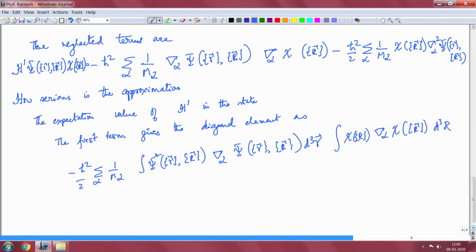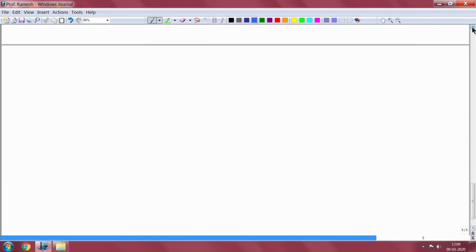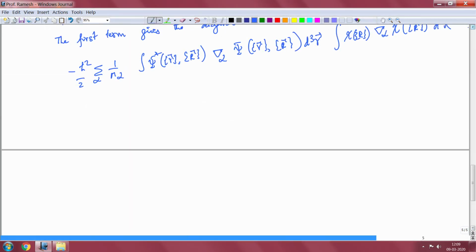Now, let us look at the first term. I am going to focus on this term.